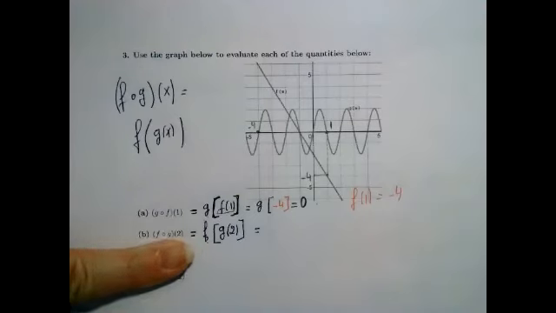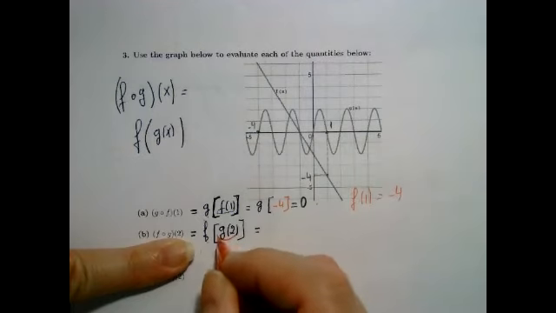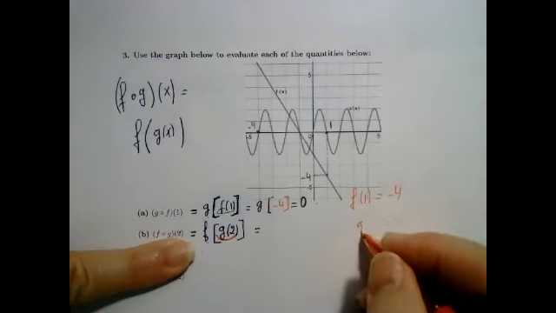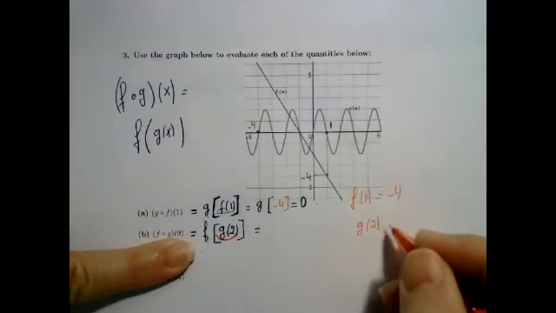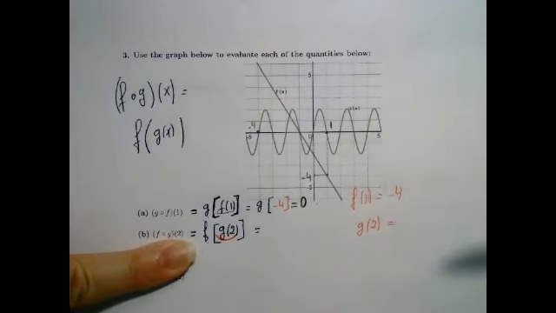Now, what is g of 2 in the graph? Because you first have to find g of 2, and then you say, okay, what does f do to this? What's g of 2? I want you to go to g. G is the squiggly. Oh, okay. So would it just be 0 then?